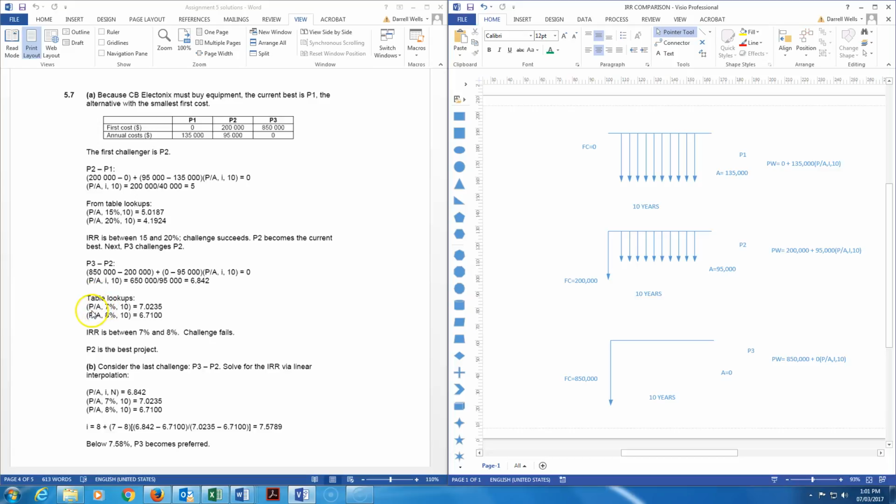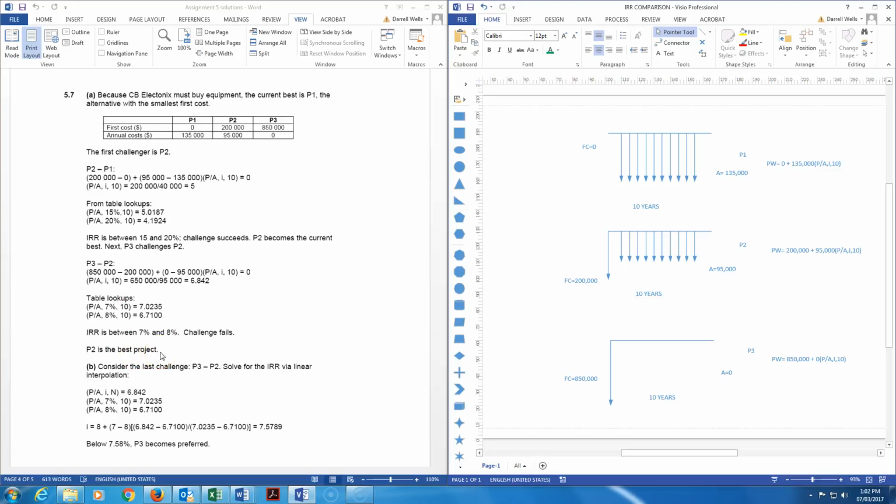P given A for 7% for 10 turns out to be 7.0235, and for 8% it is 6.7100. We're looking for 6.842, so our interest rate for this challenge falls somewhere between 7 and 8%. That is less than our MARR of 11%, so the challenge of P3 to P2 fails, which means that P2 becomes the overall best project.